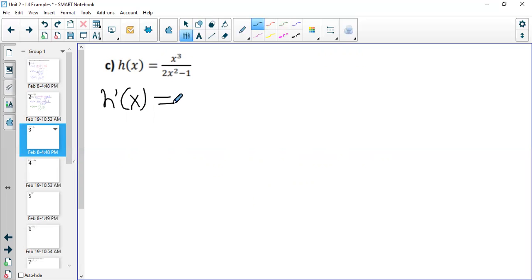I'm going to take the derivative of the top. So I have 3x squared multiplied by my original bottom function, 2x squared minus 1. Pause this for a second.